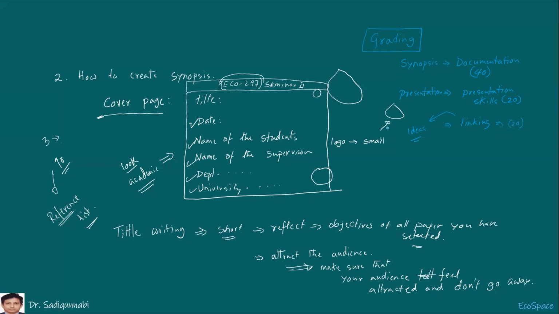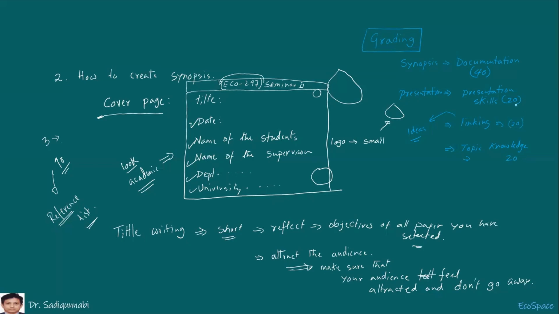And then you are getting marks for the topic knowledge. What you have learned from this synopsis is your knowledge about this topic. So you are getting another 20 marks here.